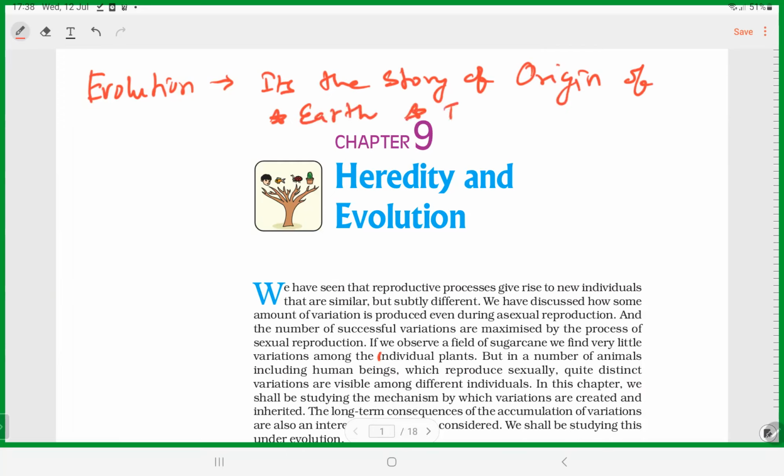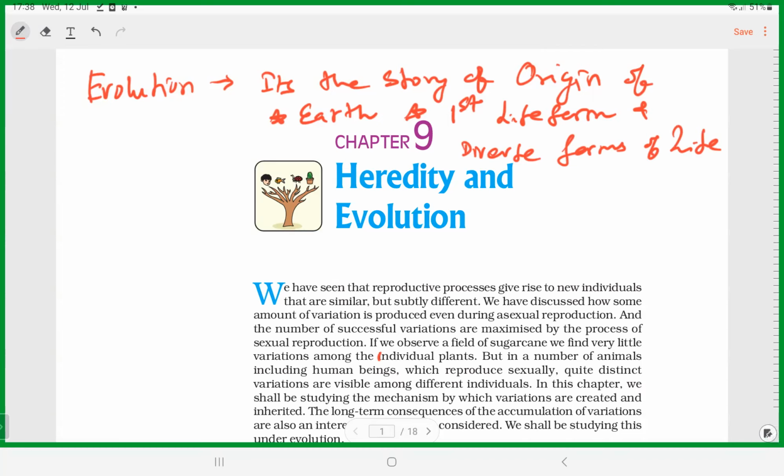First, we can say the first life form, and then diverse forms of life. Evolution includes three important components.